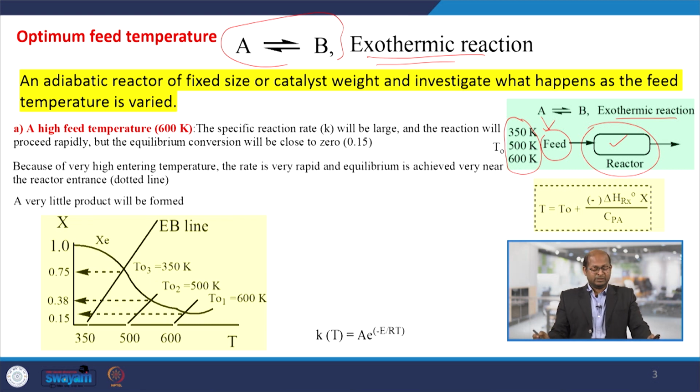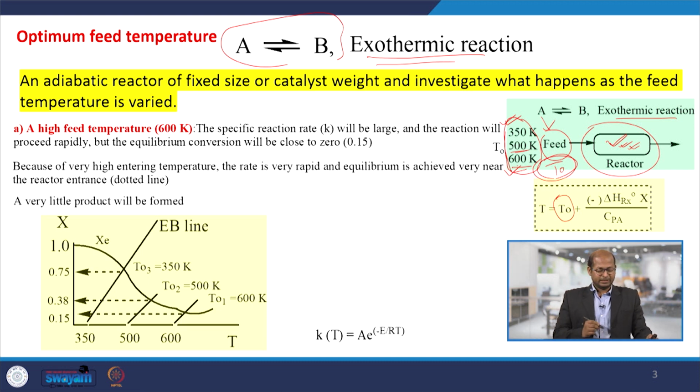If the operation is, let us say, an adiabatic fixed bed reactor, the temperatures may be 350, 500 and 600 Kelvin. If we vary the feed inlet temperature T naught, the reaction will take place at 350, at 500 Kelvin, and at 600 as well. So if we change the inlet temperature of the feed, we will see what affects the conversion and the product yield and selectivity.